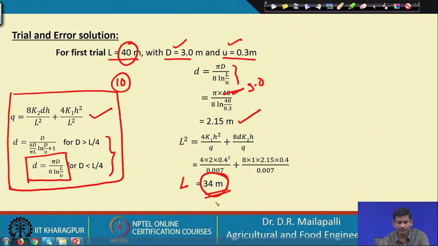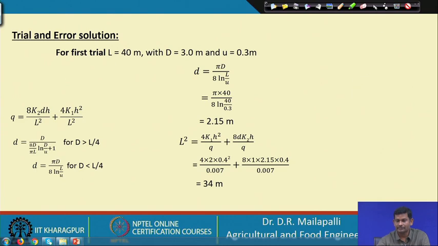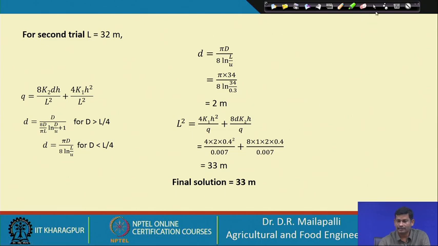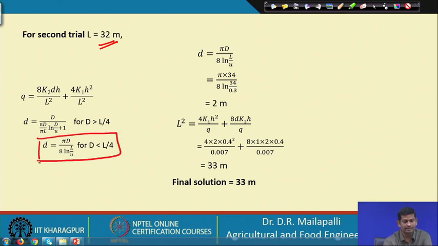So, what are we going to do? We are going to try another trial by putting L equal to 34. So, that is the next trial, with L equal to 34 or even 32, close to that. This is the second guess. Now L by 4 is 8, but still D is less than L by 4, and we are going to use the same equation.